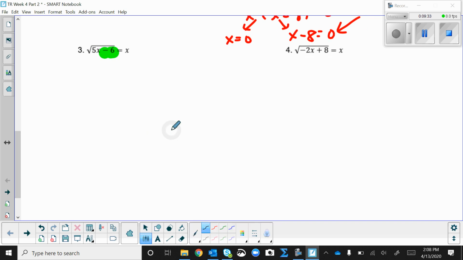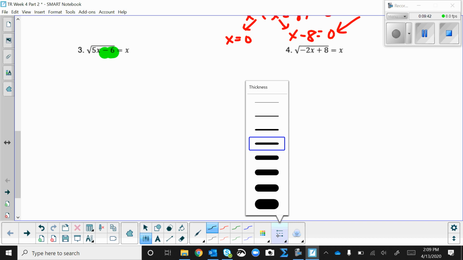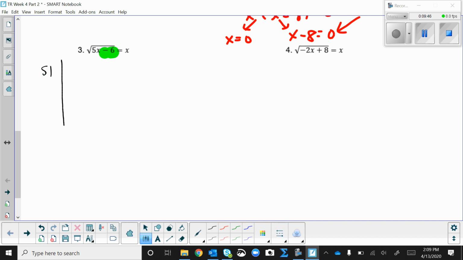Okay, so we start out talking about step 1, which means isolate the radical. It's already done. Step 2 is to raise both sides to the power it needs to cancel the radical, which is squared.